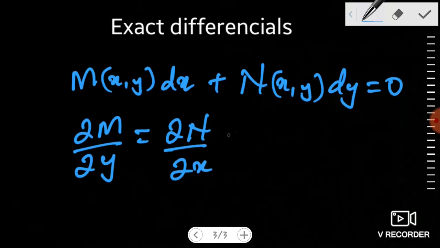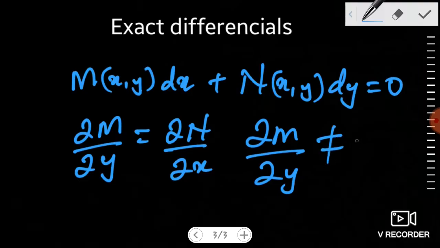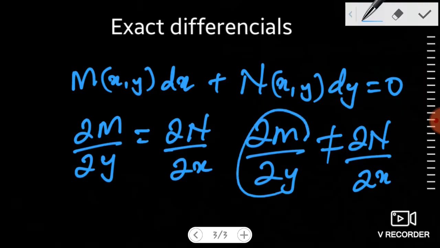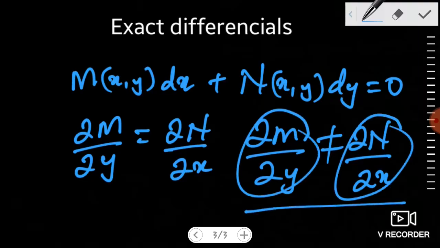So if partial M over partial y is not equal to partial N over partial x, then that differential is not exact. For it to be exact, this must be satisfied.